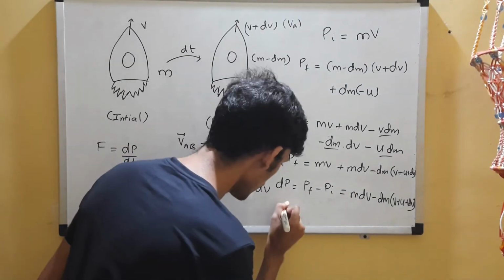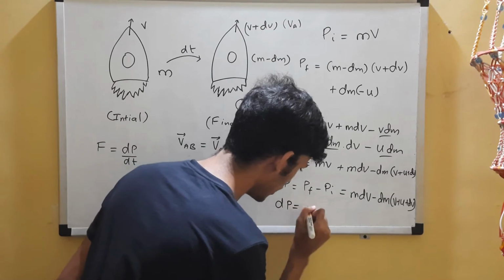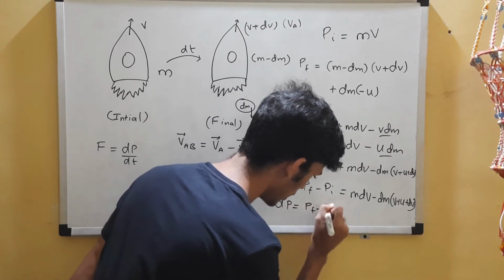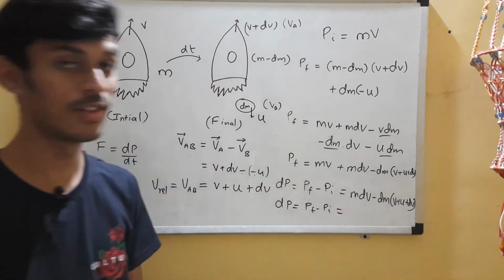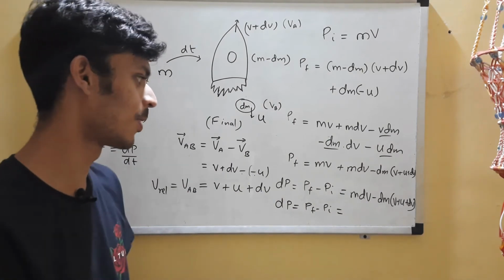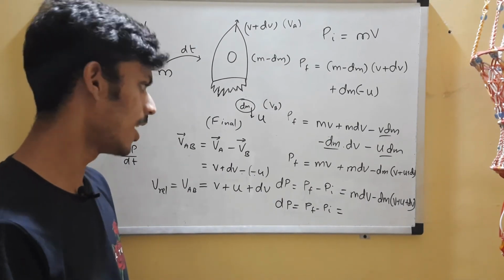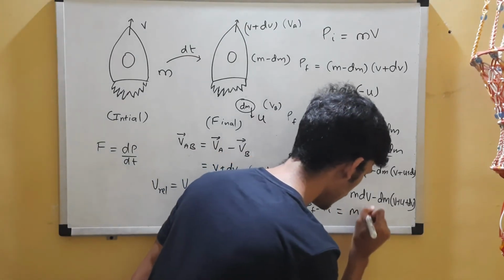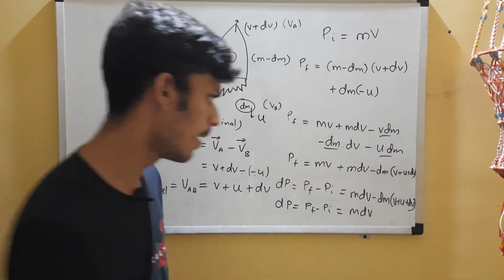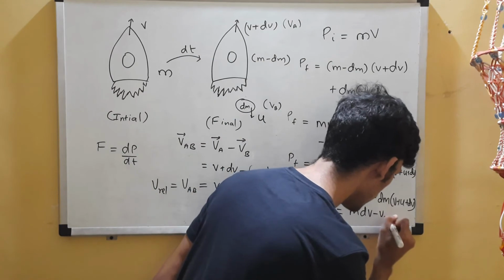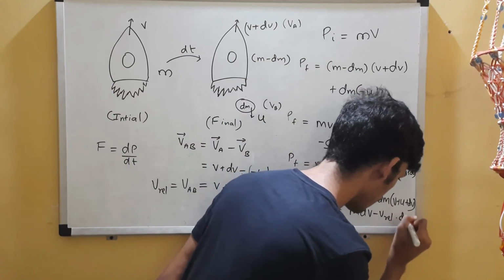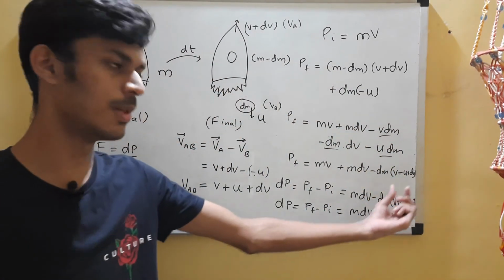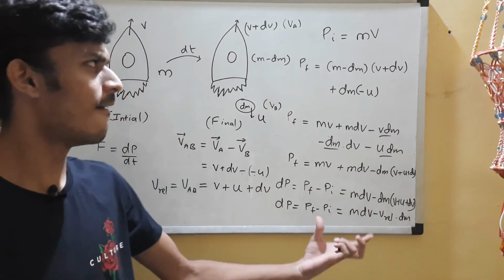I know a lot is going on over here, but finally we are going to prove that F is not equal to ma. So in place of v plus u plus dv, we can just substitute v relative, so m dv minus v relative times dm.